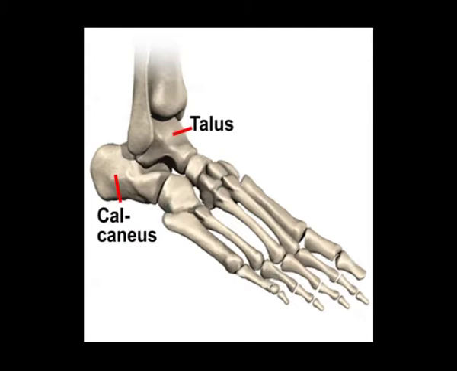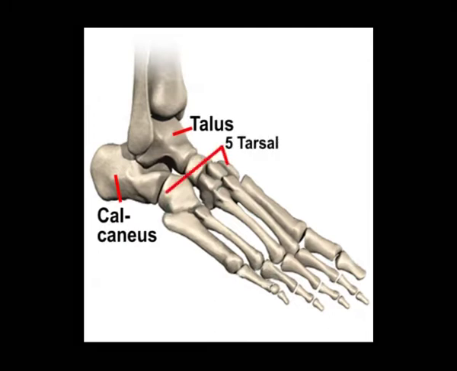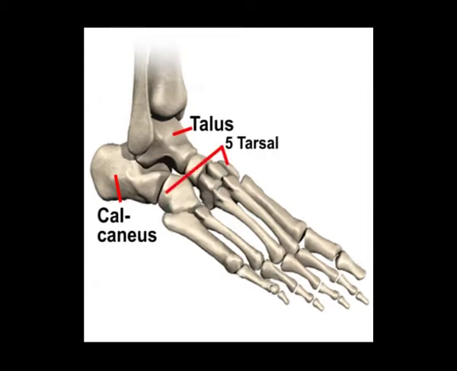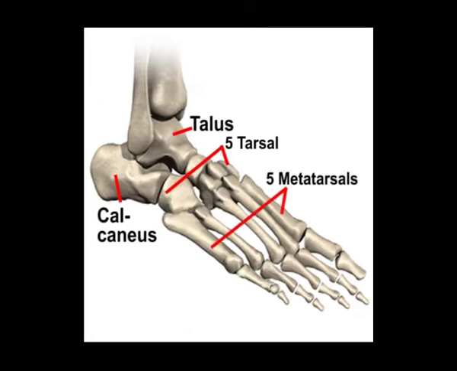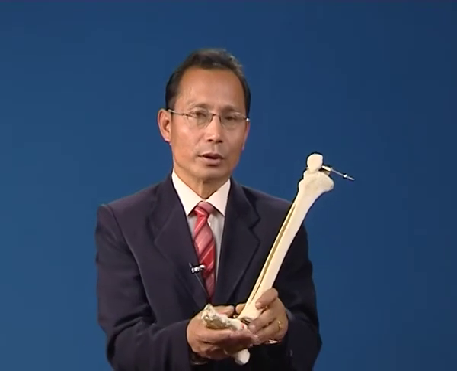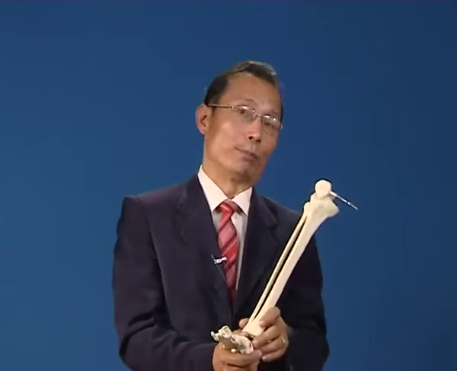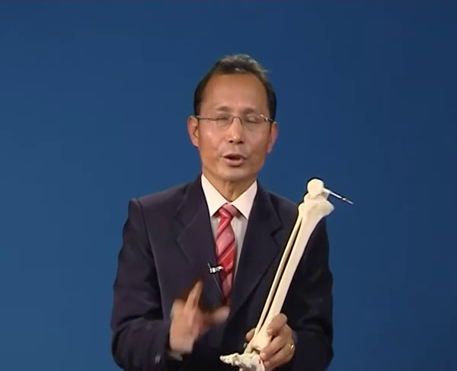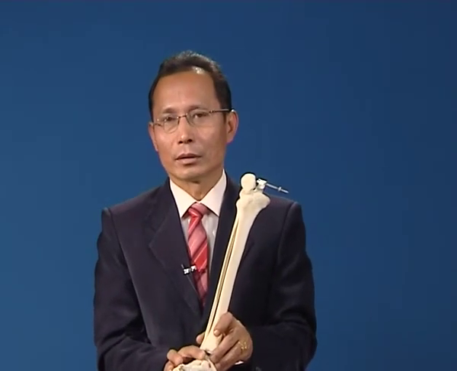Then we have the other 5 tarsal bones, so 7. Then we have 5 metatarsals and 14 phalanges. All together they constitute 26 bones. So, one foot has 26 bones.